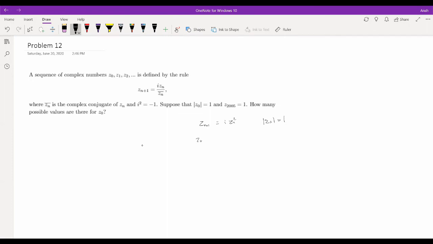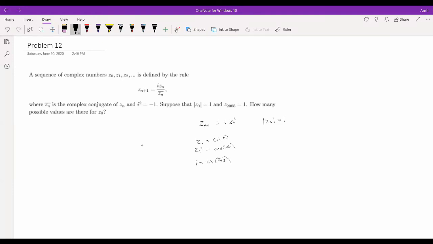So if z of n is equal to cis theta, z of n squared, like we figured out earlier, is cis of 2 theta, which is just doubling the angle. And when we multiply by i, well, i is just equal to cis of pi over 2.